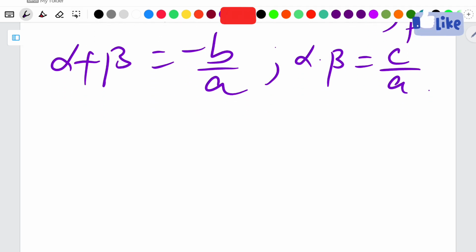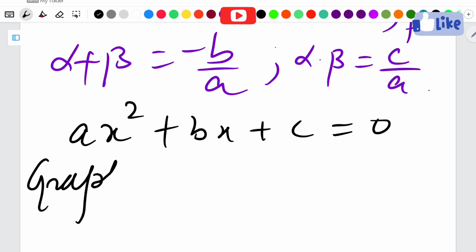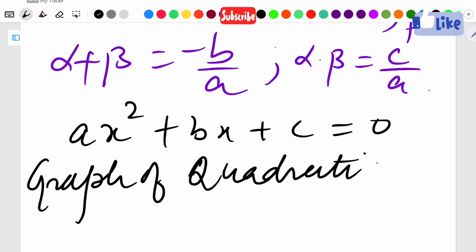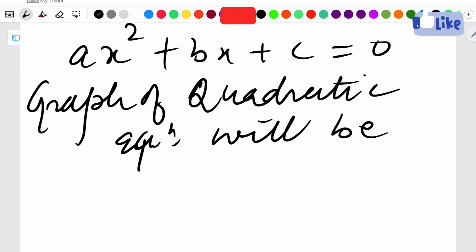Now see, one more important discussion point. If a quadratic equation is of the form ax square plus bx plus c is equal to 0, and you need to draw the graph of this quadratic equation, the graph of a quadratic equation will be a parabola.